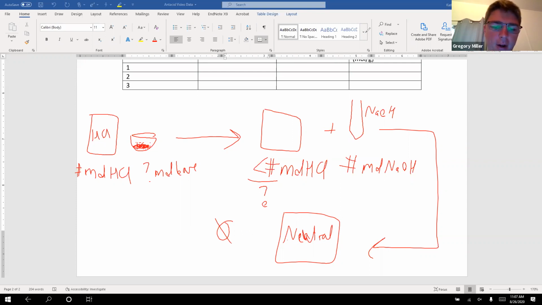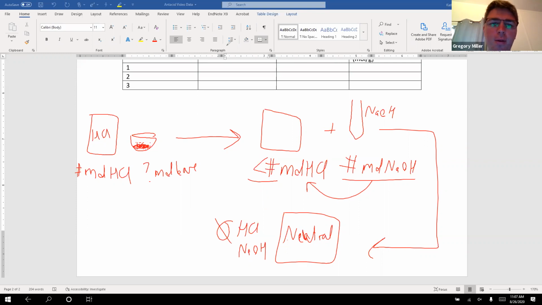Realistically, there's probably a very, very, very small amount, but that's negligible, that we don't need to be concerned with. So if we know this, we can find this. That was the moles of HCl consumed in our titration that we just found. So now we do know this value.